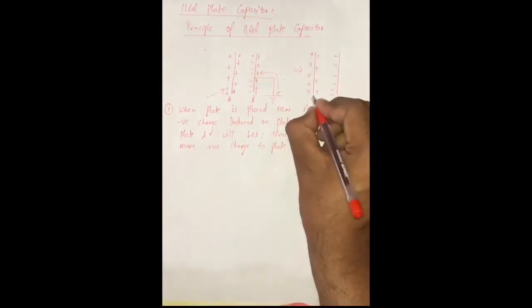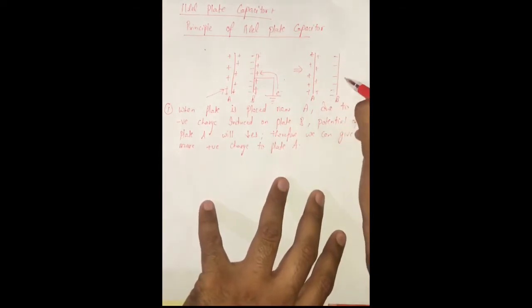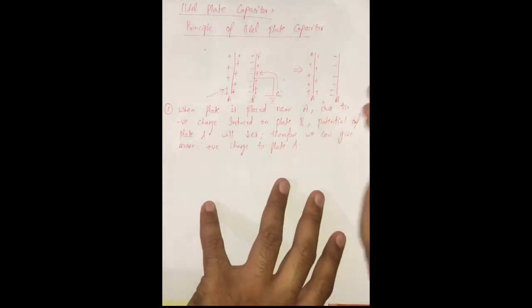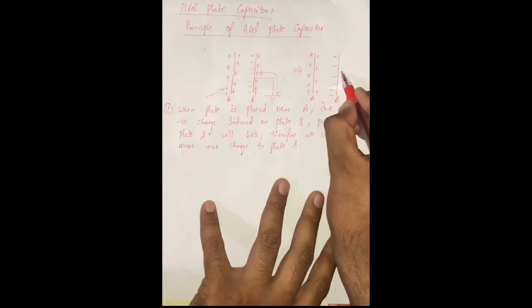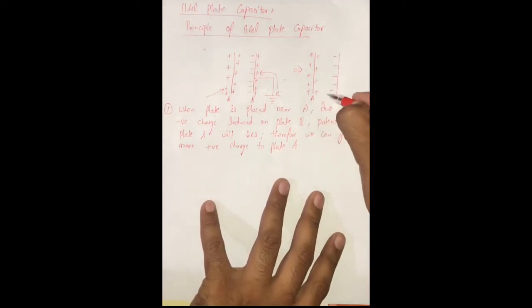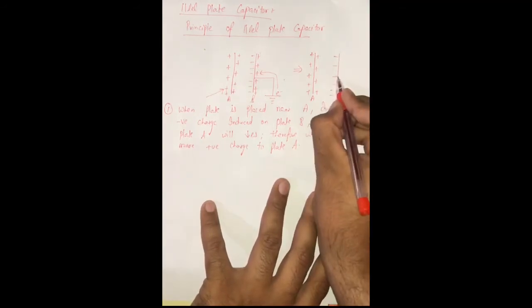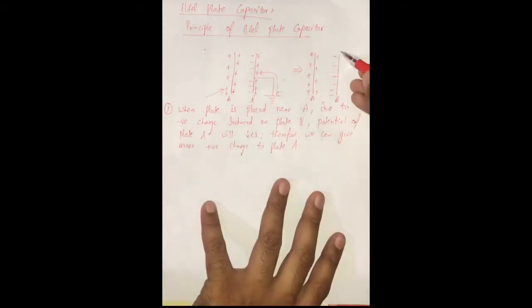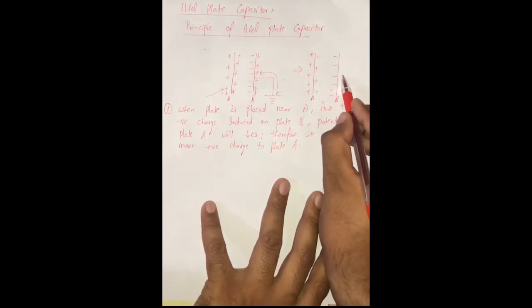Therefore, now plate B contains only negative charge, no positive charge on the other side of this plate. So when there is no positive charge on the other side of plate B, this negative charge will further decrease the potential of plate A, because now this negative charge will become more efficient since there is no positive charge on the other side to neutralize its effect.